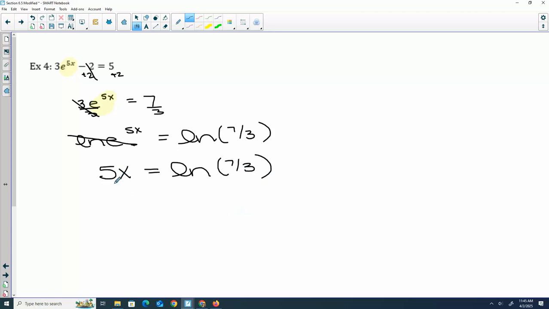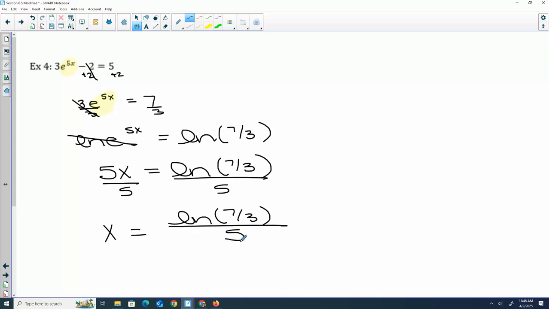Then if I want x by itself, we just have to divide by 5. We have the natural log of 7/3 divided by 5, and that should give me approximately 0.169.